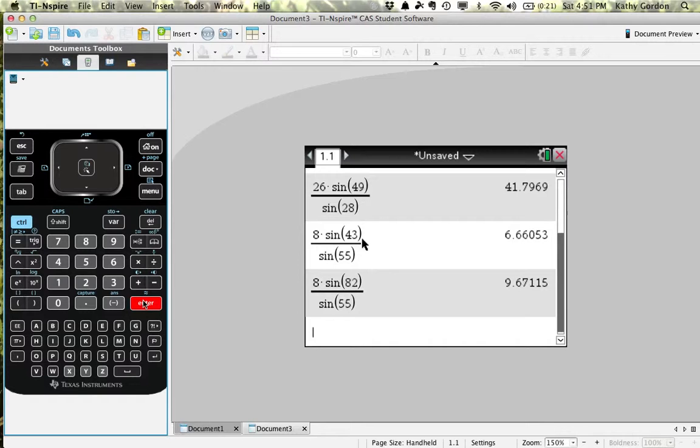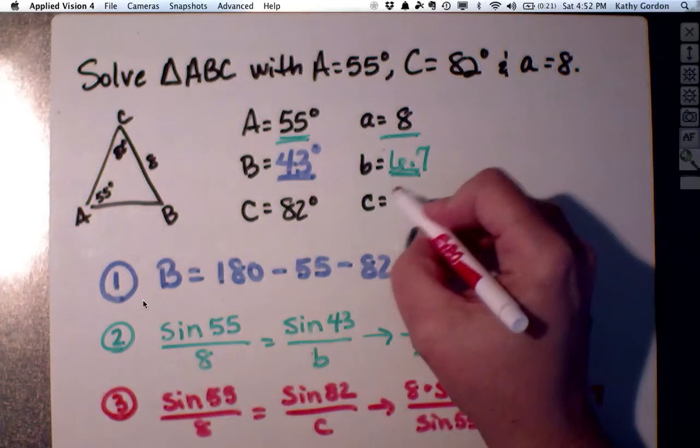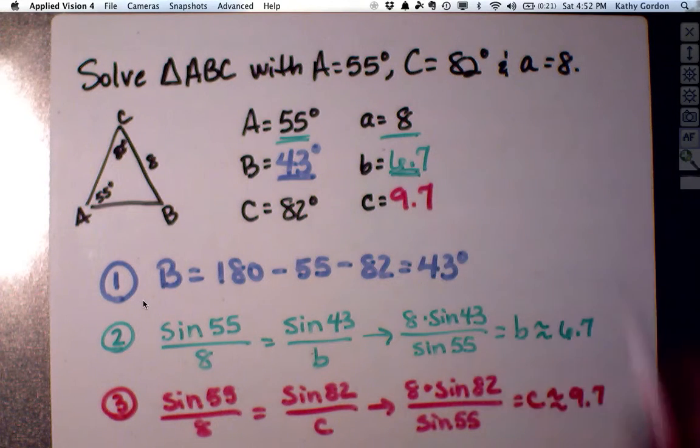We get approximately 9.7. So 9.7, when rounded to the nearest tenth, will be our measurement for C. Okay, so those are the kinds of problems you're going to be doing on the 3.1a practice. You can also use these for application kinds of problems.